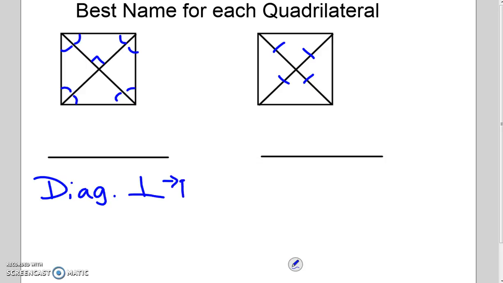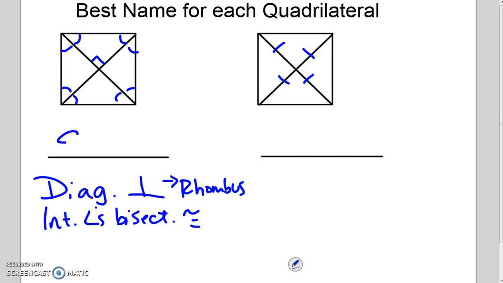So this part tells me rhombus, but also the fact that the interior angles are bisected and all congruent tells me this has to be a square. Anytime you have all 8 of these angles being the same, that automatically makes it a square.